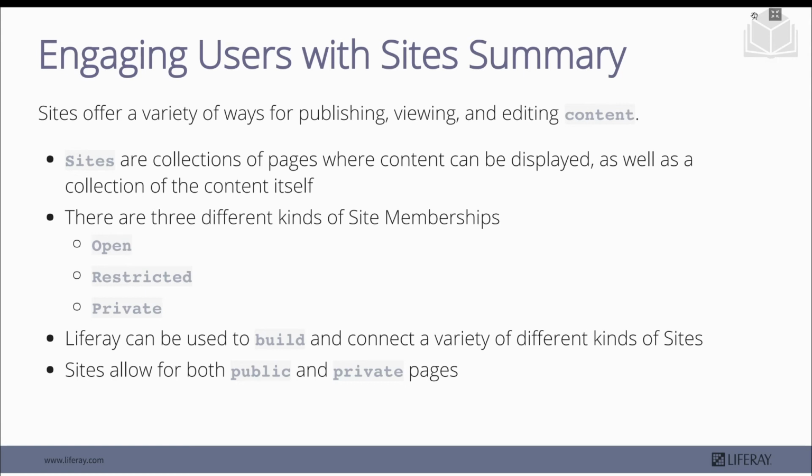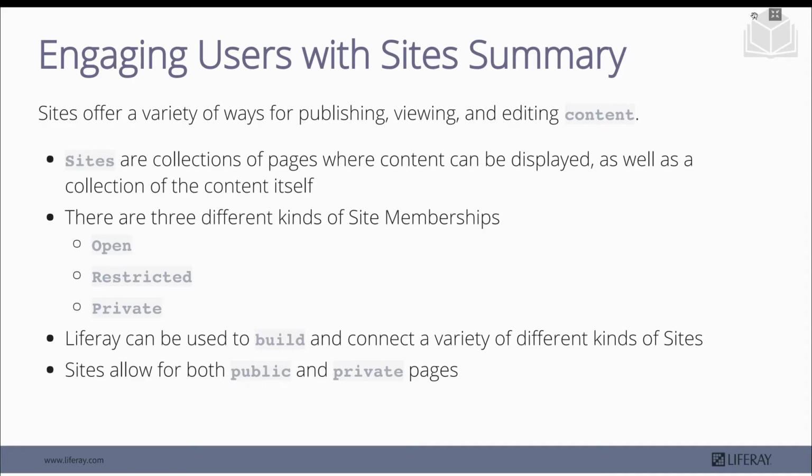So back over here, sites offer a variety of ways for publishing, viewing, and editing content. So again, content and sites go hand in hand. Whenever you think about content, it's always going to be associated with a site. Speaking of sites, sites are not only used to store content, but sites can also have a collection of pages as well.